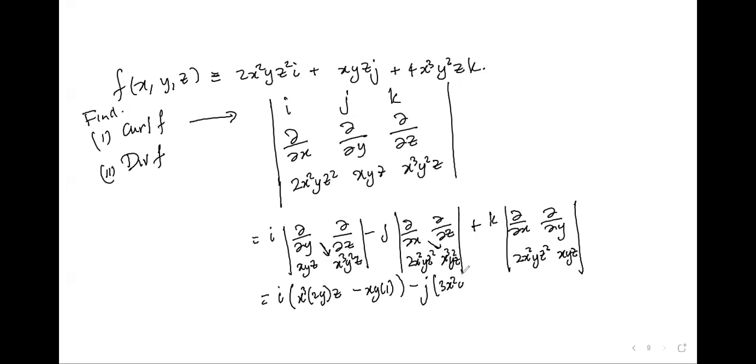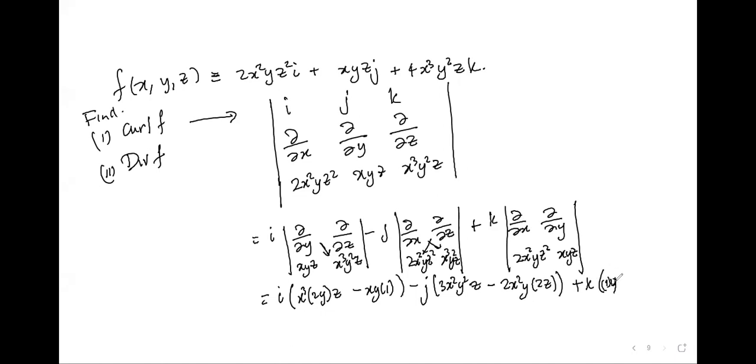So this is 3x squared y squared z. We leave the rest of them alone, and we're differentiating with respect to z. So this is minus 2x squared y 2z, plus k.